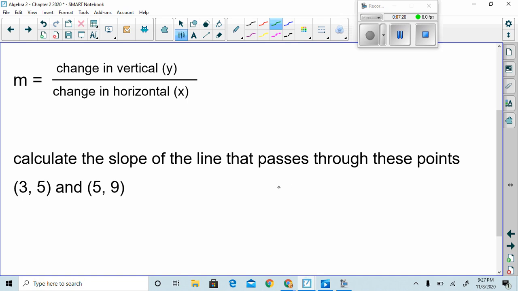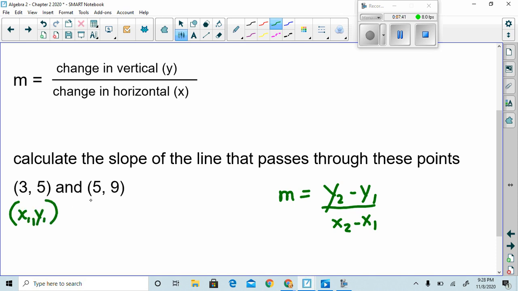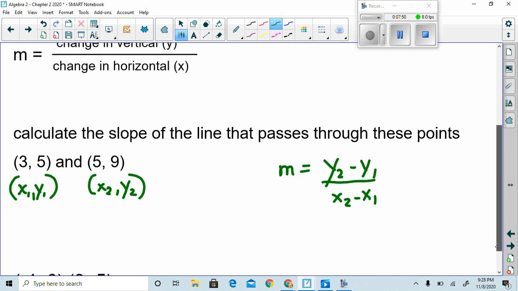Let me write it again, since as I scroll down it hid it. m is equal to the change in y over the change in x. Now these little numbers here are subscripts, x2 minus x1. So as I'm looking at this first ordered pair, this is my x1, y1, and this is my x2, y2. I'm going to just replace them into my formula and simplify.